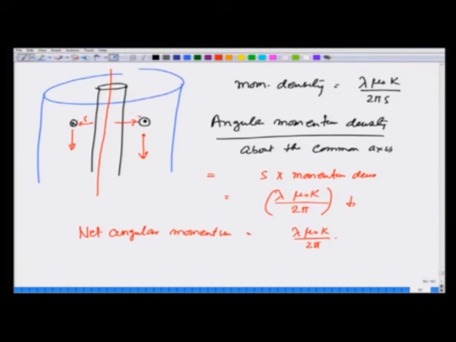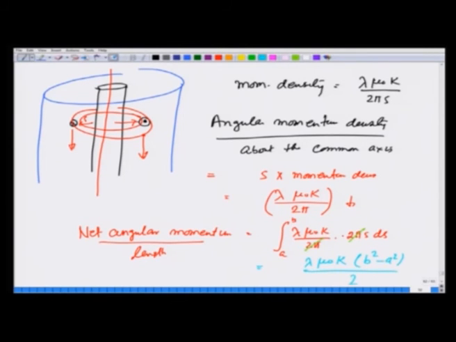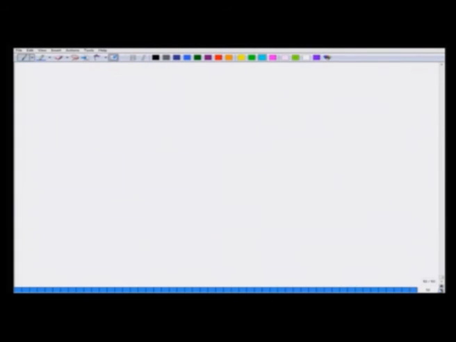Then out here in this shell, let us say net angular momentum per unit length is going to be 2 pi s ds times unit length, which is 1, and this is going to be from A to B. We cancel 2 pi and this comes out to be lambda mu 0 k b square minus a square over 2. That is the net angular momentum content between these two shells.